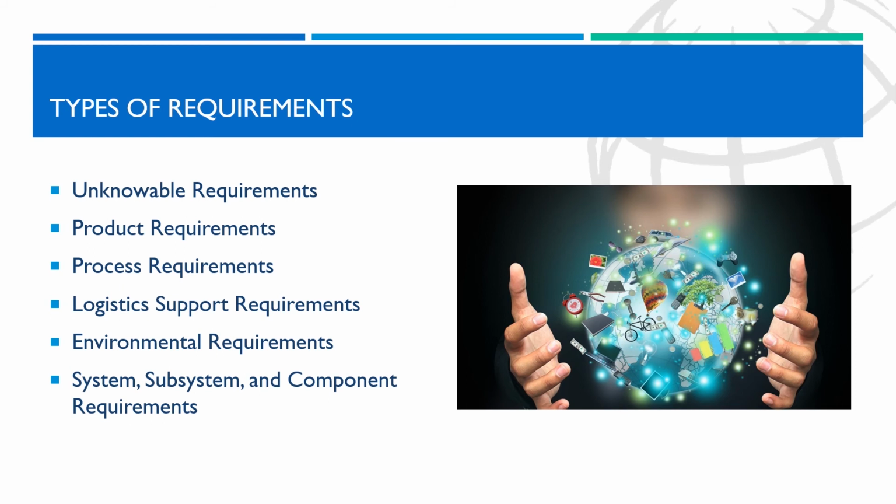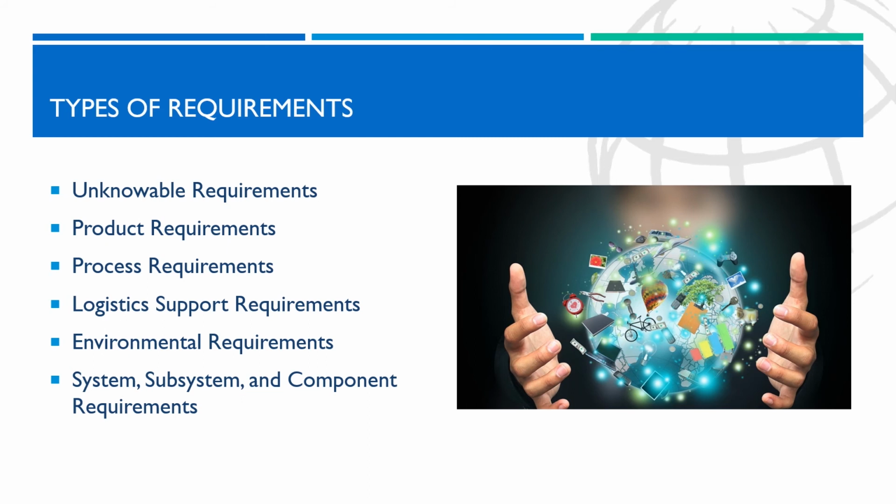The product requirements, these are requirements of the products that are produced by a system. The process requirements are requirements that exist because of the processes being used to develop the system or software.